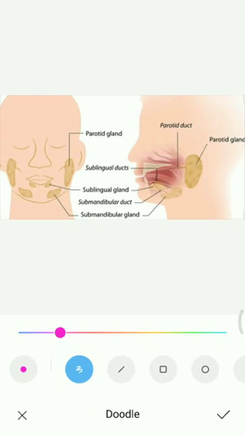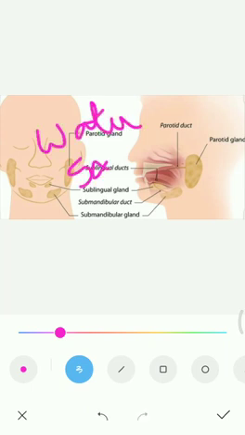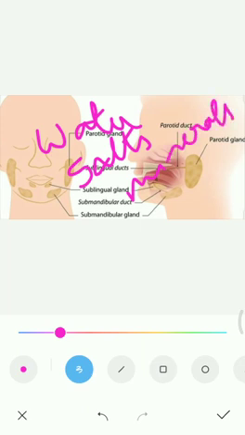Let me name them once again. First, it contains a lot of water. Along with water, there are some salts and minerals. What else does it contain?